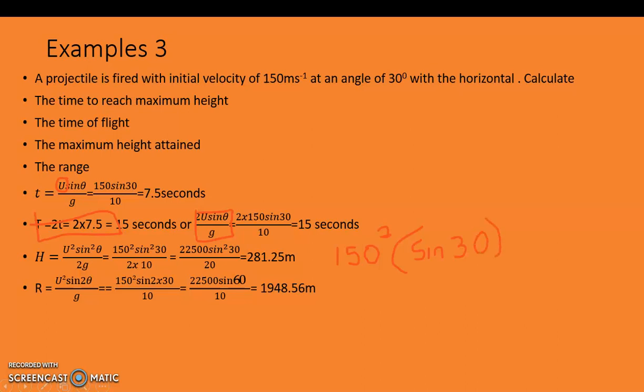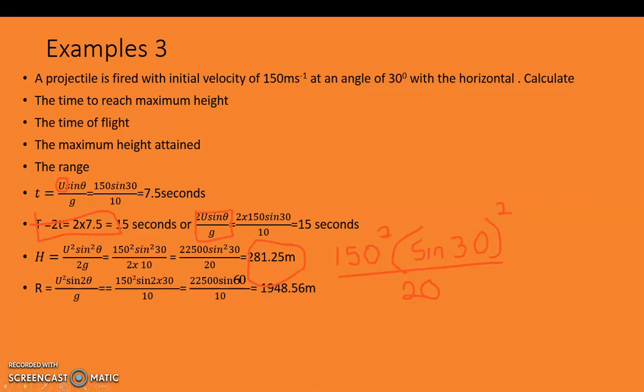It will be very easy to complete this way with your calculator. So you punch sin 30, then you square the value, then multiply by 150 squared, then divide by 2 times g, which is 20. If you press your calculator very well, eventually you should get 281.25 meters.